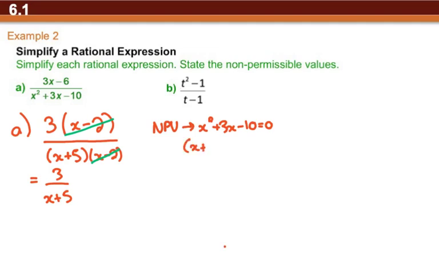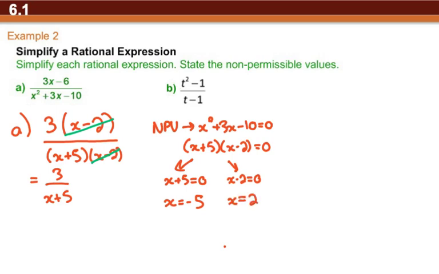So we know that this will factor into x plus 5 times x minus 2 equals 0. Split off, we have x plus 5 equals 0 and x minus 2 equals 0. On the left, we'll end up with x equals negative 5 as a non-permissible value, and on the right, we'll get x equals 2 as a non-permissible value.